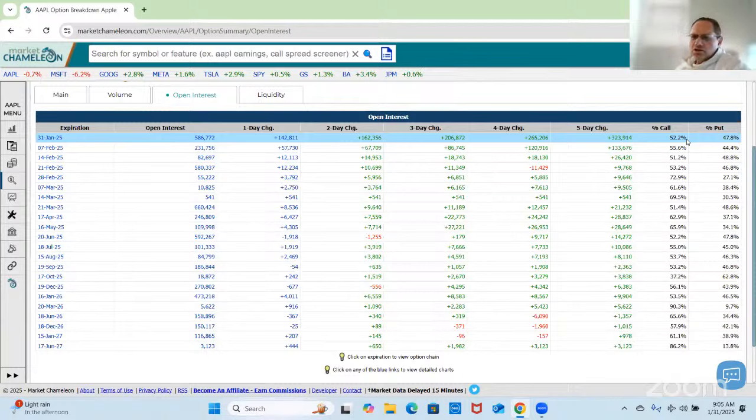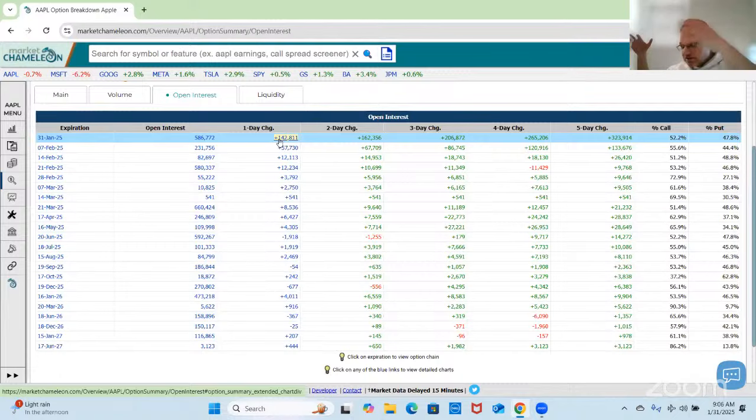So let's say we wanted to go a little bit deeper and see this change in 1 day, and get a visual of where that change occurred, because now we have different option strikes, and we have calls and puts within the expiration.